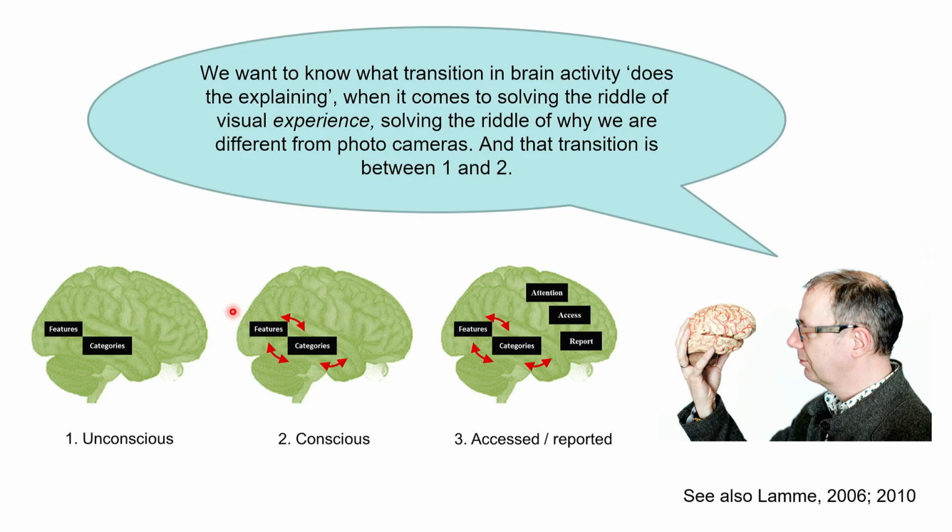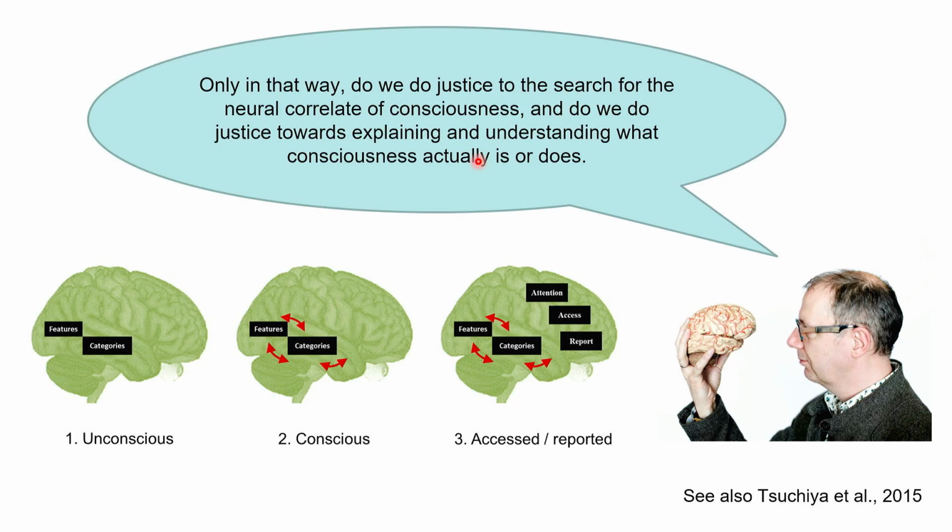If we want to address these kinds of questions, we really have to put the transition at the right place, the place which does the best job at explaining visual experience. Only then do we do justice to this whole search for neural correlates of consciousness, and to explaining and understanding what consciousness actually is or does.